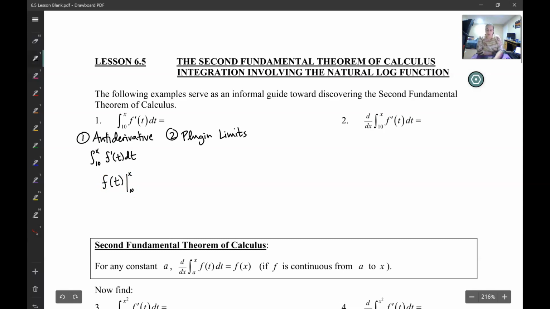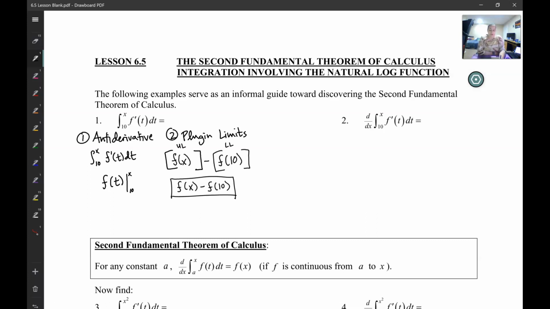Step 2, we're going to plug in our limits and subtract them. So this one's my upper limit, this one's my lower limit. So I'm going to plug in my upper limit, which is x, minus plug in my lower limit, which is 10. So I get f of x minus f of 10. And that's my answer for number 1.